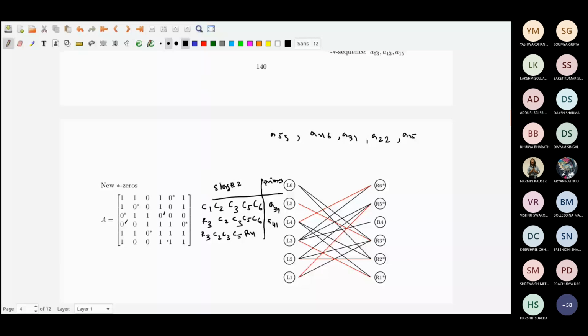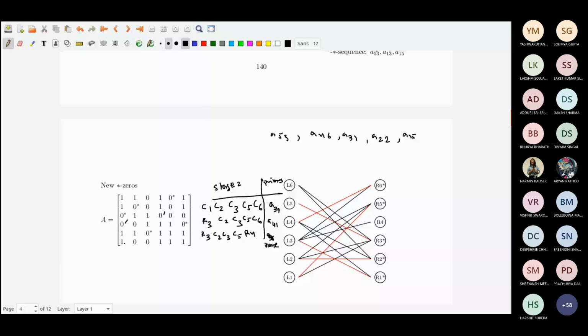Next one to read is this one. Anything? No, I do not have anything. So this is none. So what has happened after doing this? I see everything is covered.